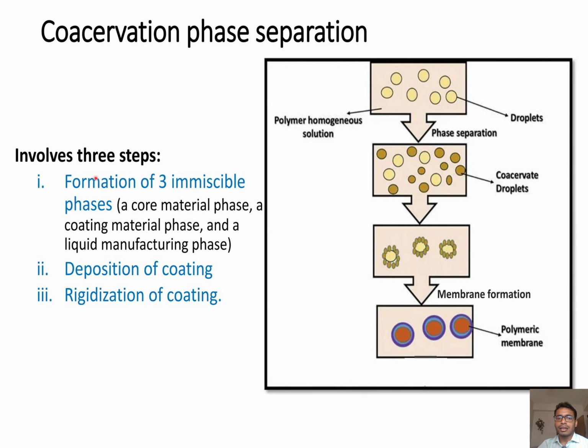Actually, three steps are happening. Coacervation means the core material phase, the coating material phase, and the liquid manufacturing phase would coacervate with each other. And you can see the coacervate droplets.